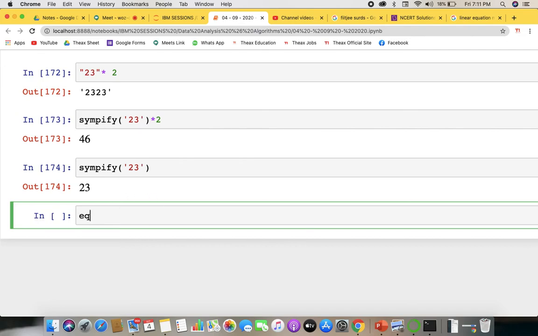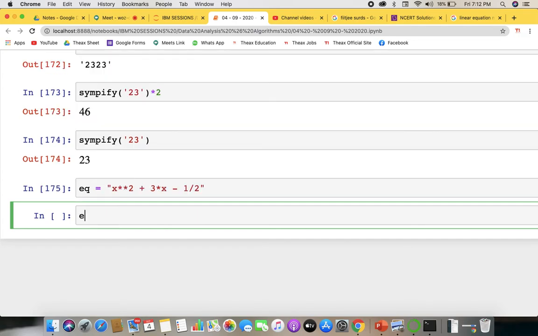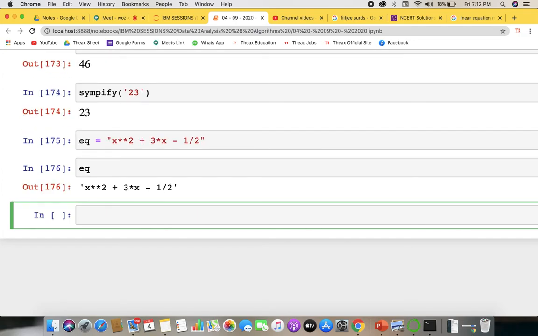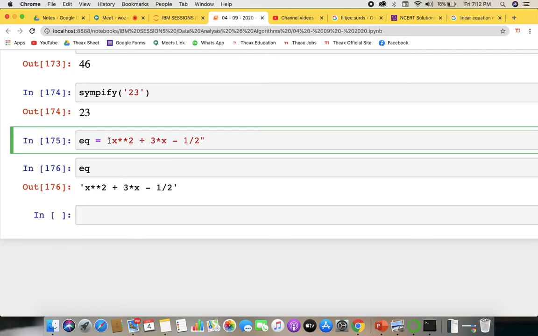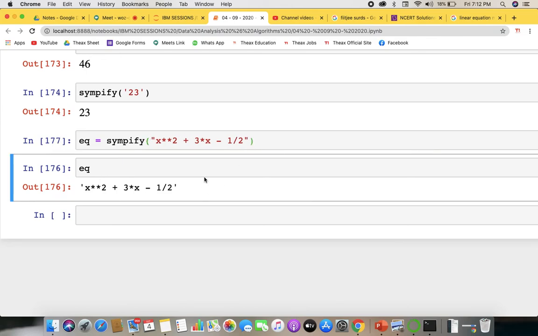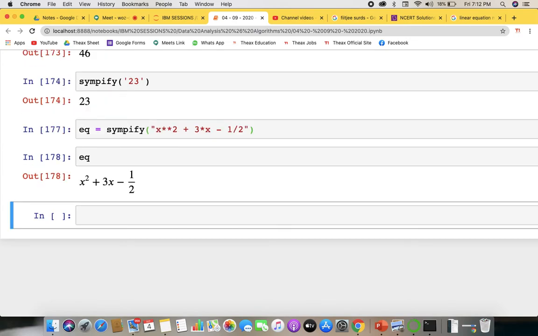Let's say I'm having one equation, and that is x square plus 3x minus half. This is my equation, guys.